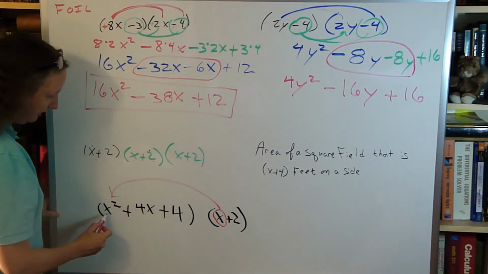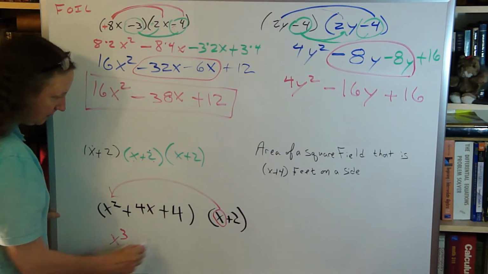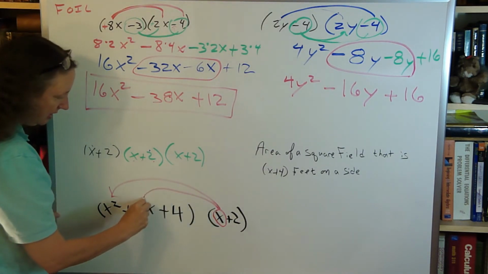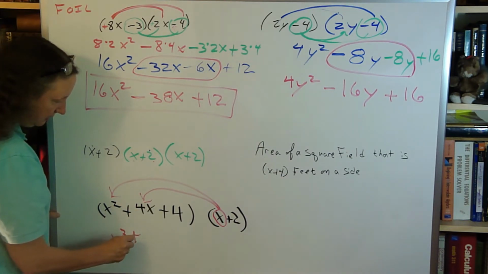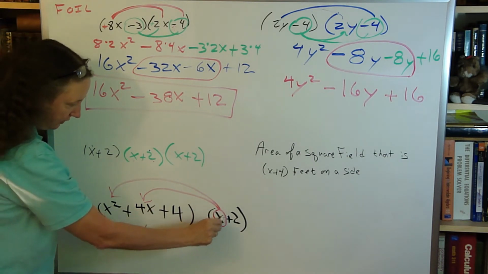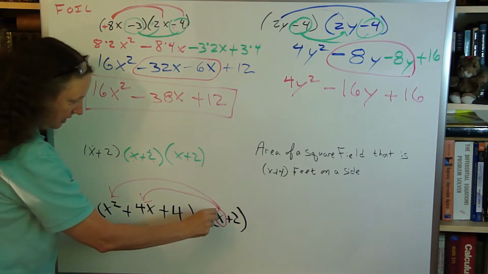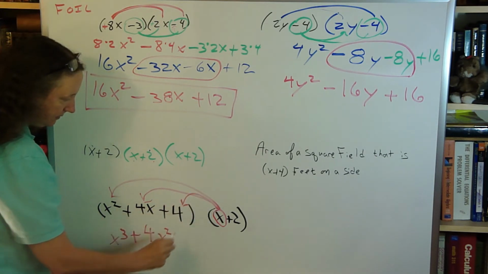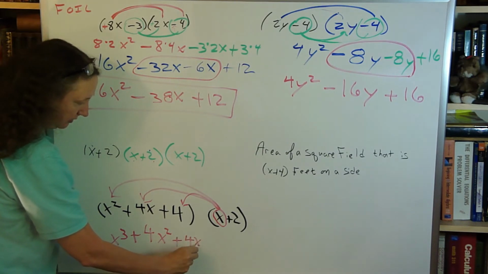So x times x squared is x to the third. x times 4x, there's a plus sign there, bring it down. 4, x to the 1, x to the 1, x to the 2. x times 4, 4x.